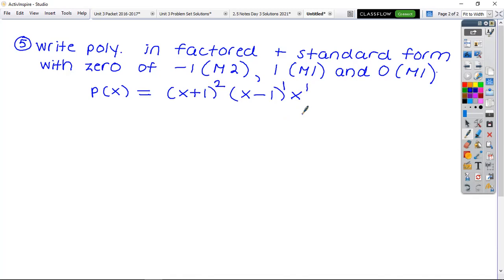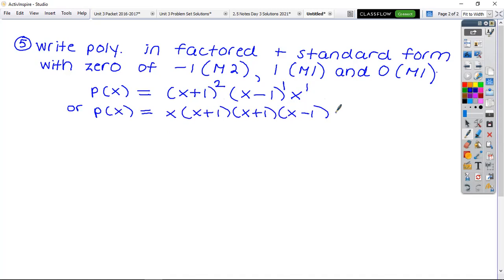To me, that looks strange. So I'm going to rearrange this slightly. So P of x is equal to, I'm going to put the x in the front. This one I'm going to write out twice because we do need to multiply it. And then minus 1. Okay.